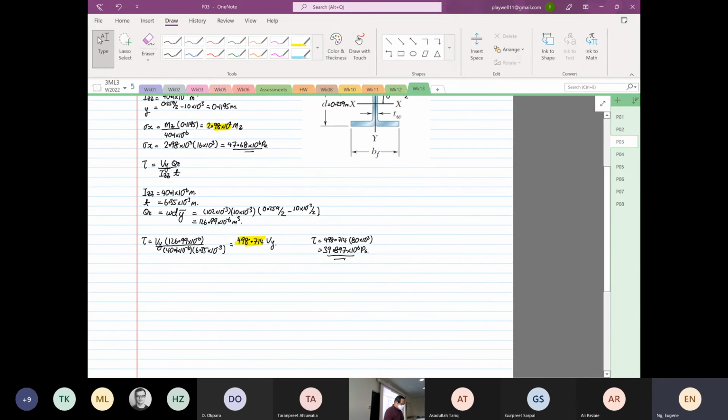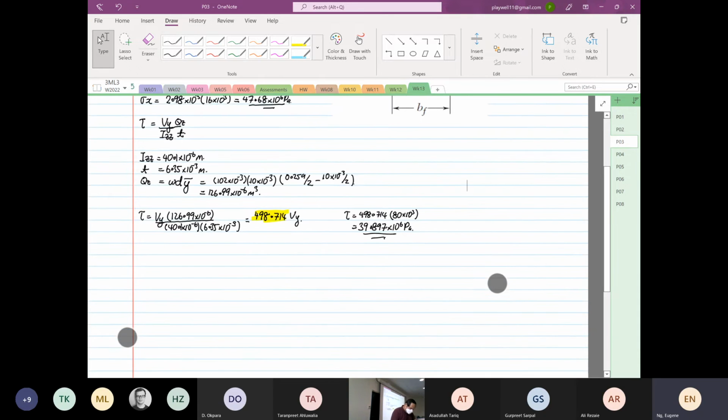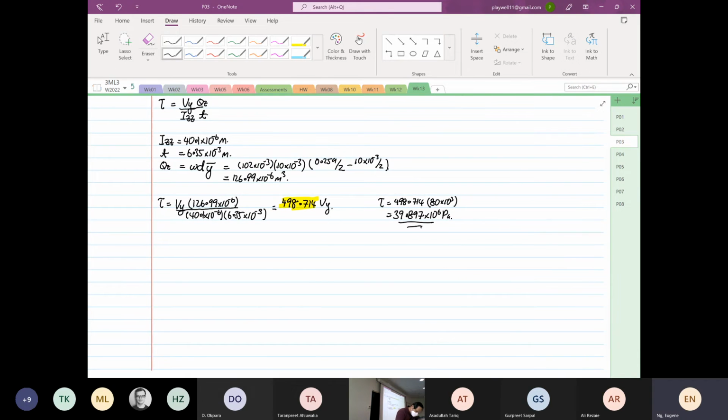Right, so now we are going to use Mohr's circle, apply Mohr's circle to determine the principal stress.